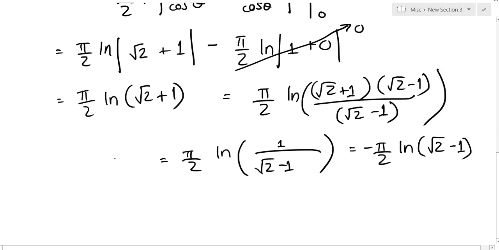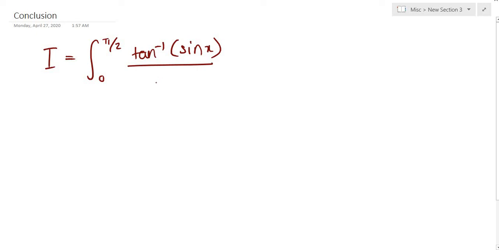So yeah, we obtained two expressions for our original problem I. To conclude, we have I, which was defined as the integral from 0 to pi over 2 of the inverse tangent of sine of x divided by sine of x dx.